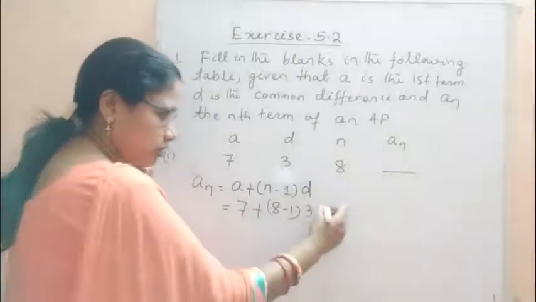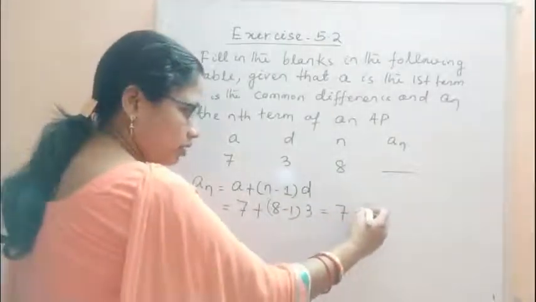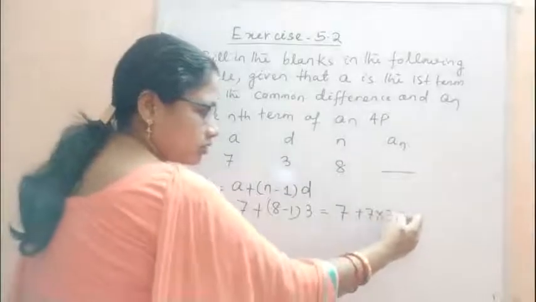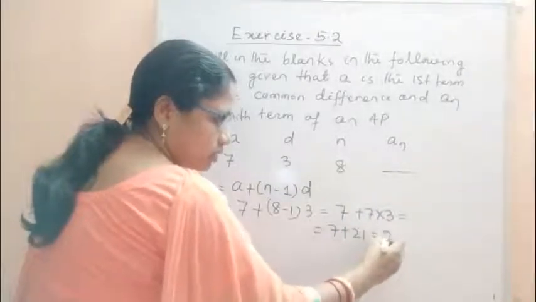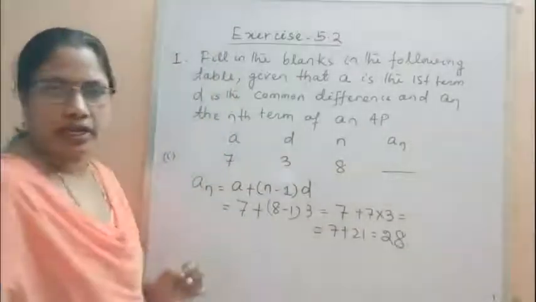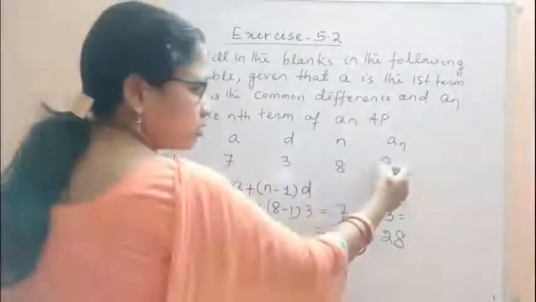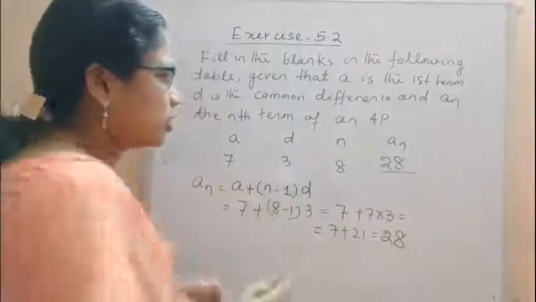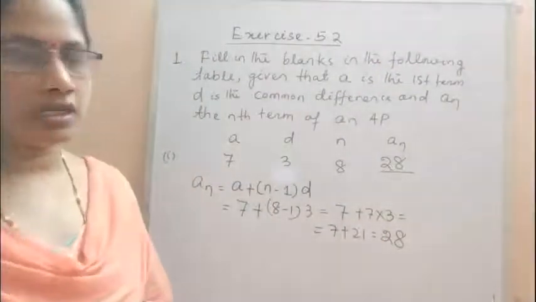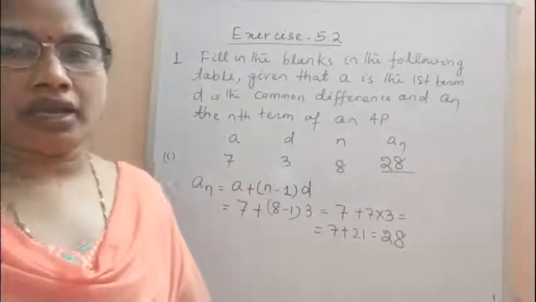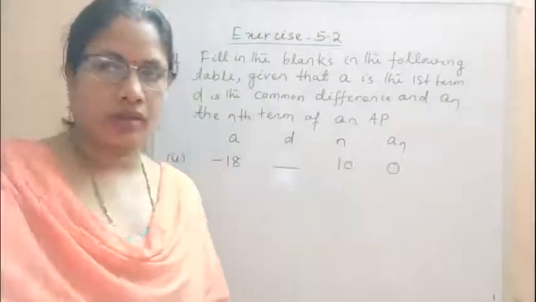So this is equal to 7 plus 7 into 3, which is 7 plus 21 is equal to 28. So here an is 28.